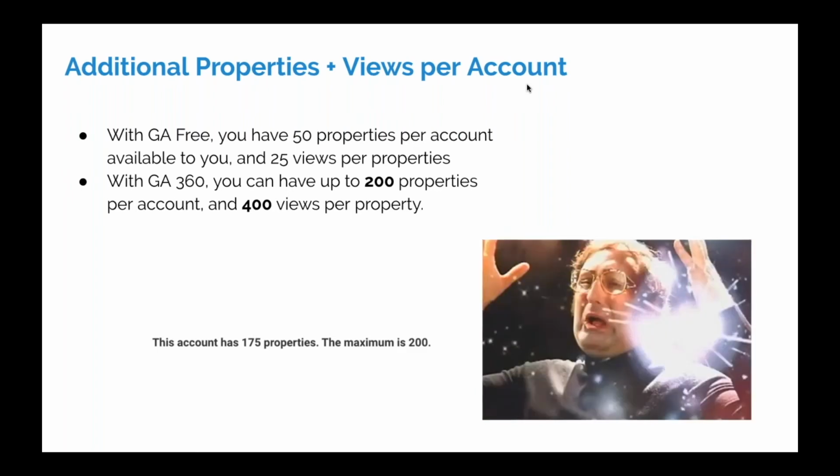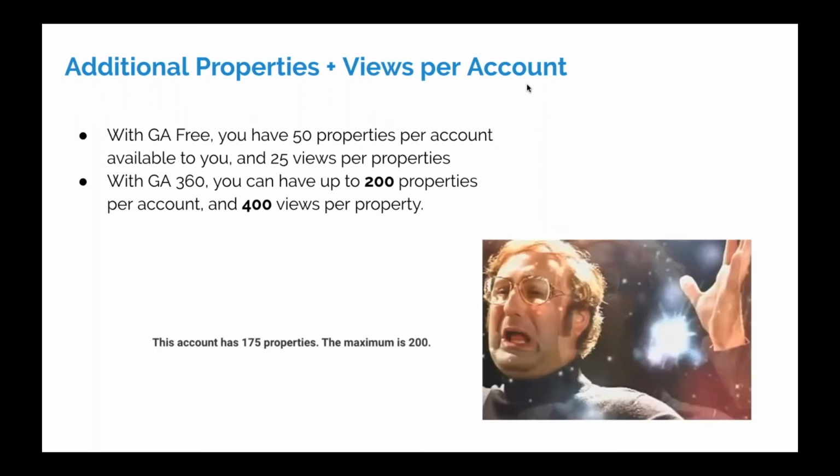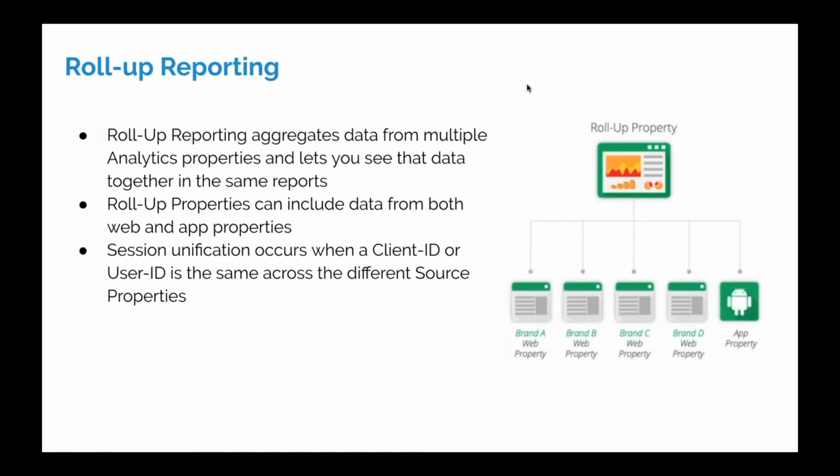And last but most certainly not least is out-of-the-box roll-up reporting. Roll-up reporting is aggregating data from different properties and viewing all of it in the same reports. So oftentimes you want to look at all of the properties of a specific market.